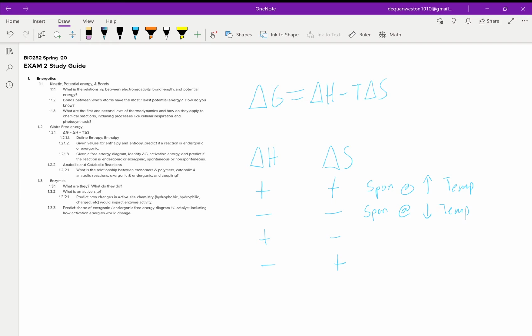Now if entropy is decreasing and enthalpy is increasing, this is going to be non-spontaneous, and vice versa, and this is at most temps. There's extremes, okay? There's extremes with any situation. That's why I say most temps, because you could increase the temperature to infinity and eventually it's going to happen.